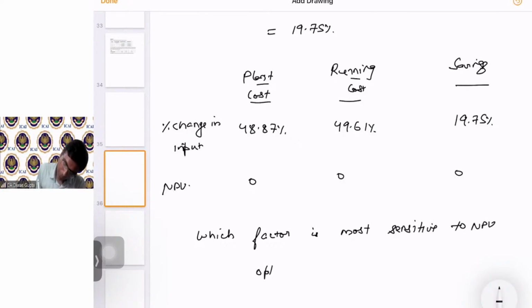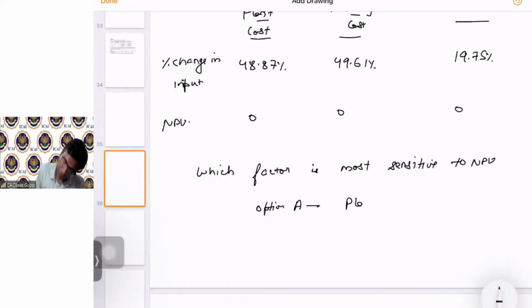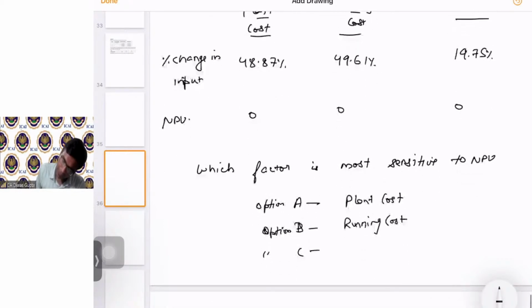Option A, plant cost. Option B, running cost. Option C, savings. This is the last question of this class today.